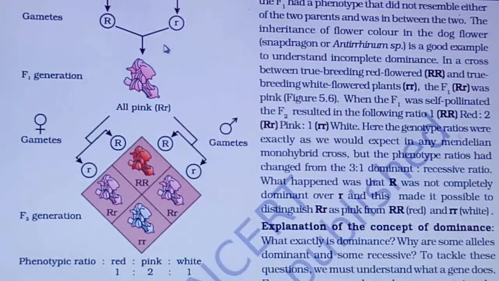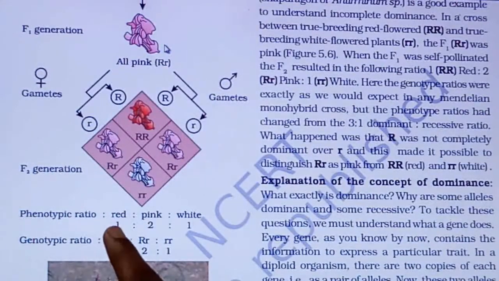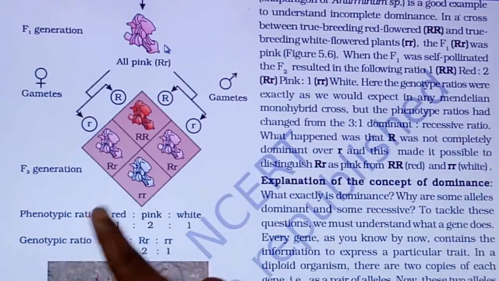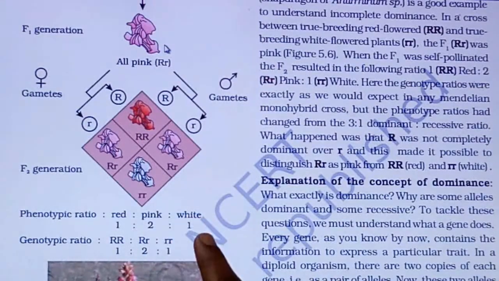Or sometimes they will ask, see here, the phenotypic ratio is 1:2:1. Earlier we saw that in the law of dominance the phenotypic ratio is 3:1, right? But here the phenotypic ratio is 1:2:1 and the genotypic ratio is 1:2:1. So both the phenotypic and genotypic ratios are the same.